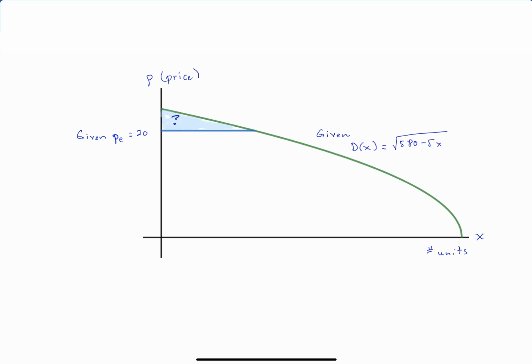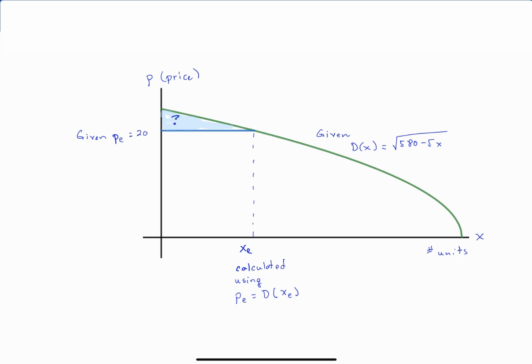So that was the question. In order to compute that, though, we had to know what the equilibrium quantity was, because that's one of our limits of integration. So we had to calculate that. Which we did by using the idea that the equilibrium price is equal to the p-value on the demand curve at the equilibrium quantity.